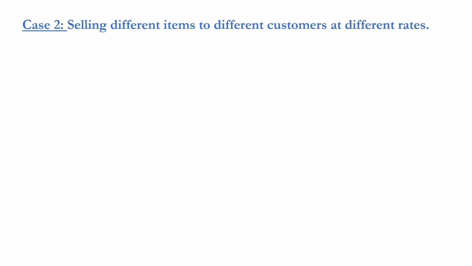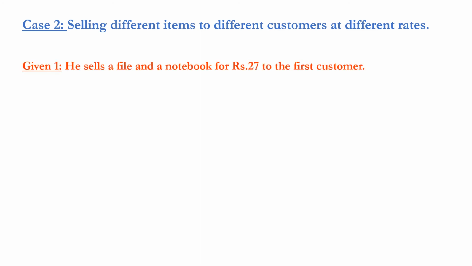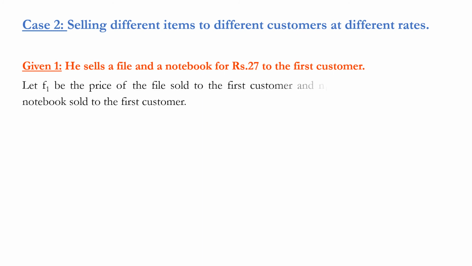Case 2 is that the shopkeeper sells different items to different customers at different rates. Given that he sells a file and a notebook for Rs 27 to the first customer, let F1 be the price of the file sold to the first customer and N1 be the price of the notebook sold to the first customer. That is, F1 plus N1 equals 27.